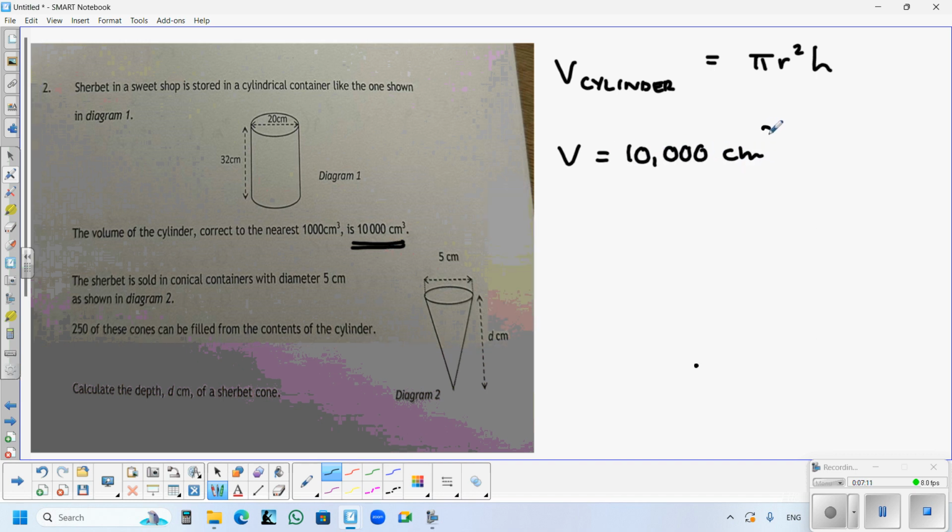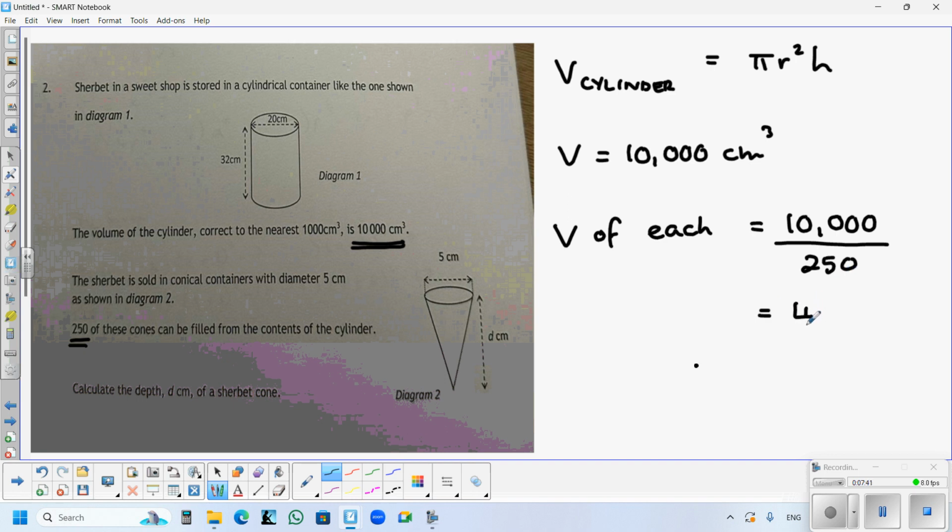Now that amount, that 10,000, is going to be split into 250 of these cones. So the volume of each cone has got to be that divided by 250. So that's 10,000 divided by 250. And when we divide them out, 4, 250 is 1,000, so it must be 40.